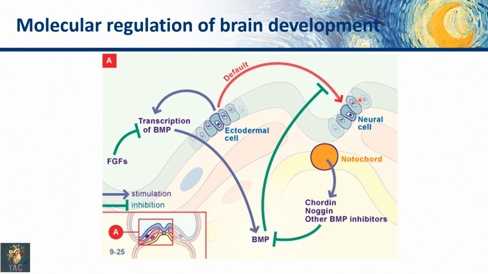So there is the interplay between these different factors that is responsible for brain development, or when BMP is present in higher concentration, it will lead to ventralizing the ectoderm.